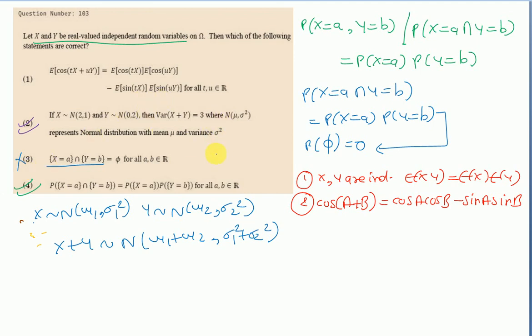Now using both of these properties, we can easily prove option number 1. And how will we prove that?